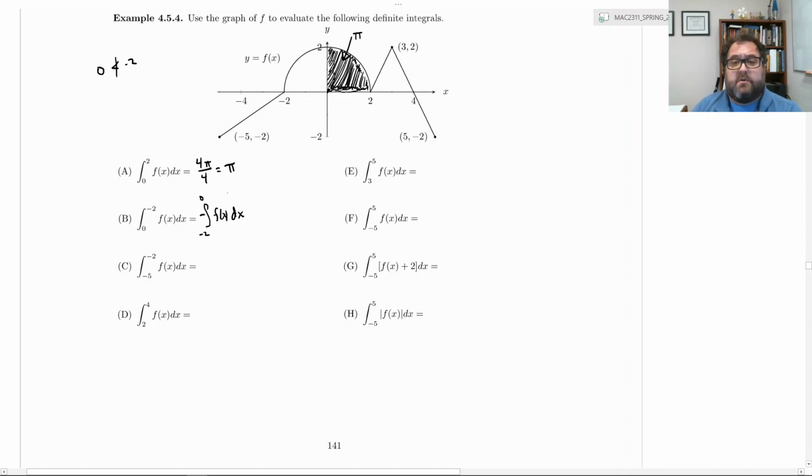Okay? So now what's the definite integral from negative 2 to 0? Well, that's the other quarter of our semicircle. Let's do this in a different color so we can keep everything color coded. That is this region.